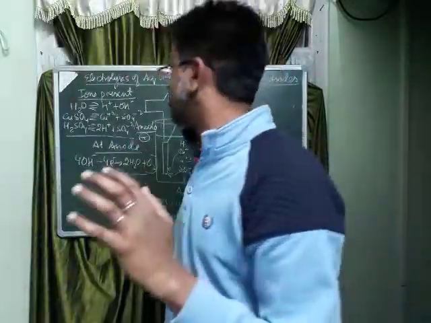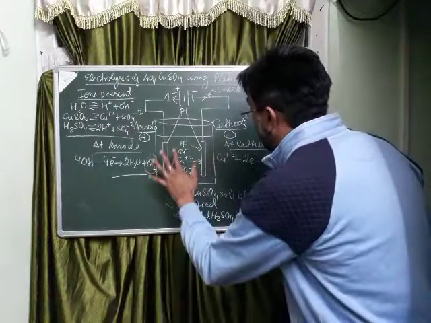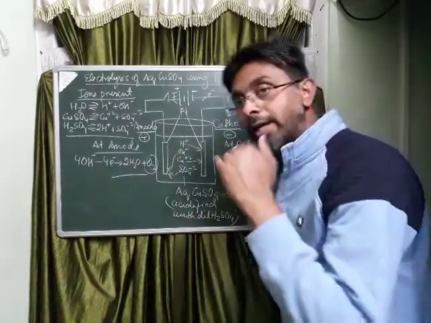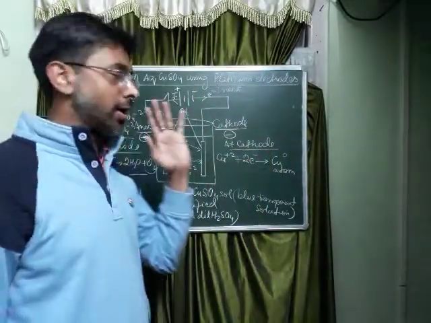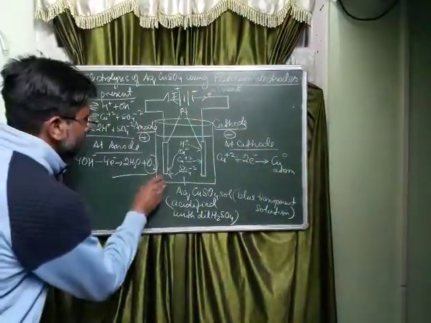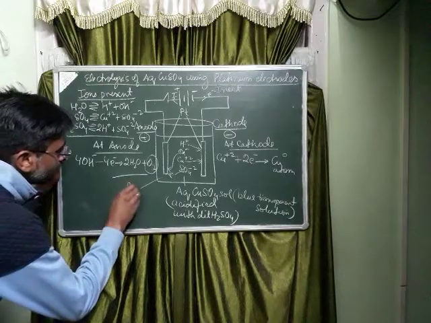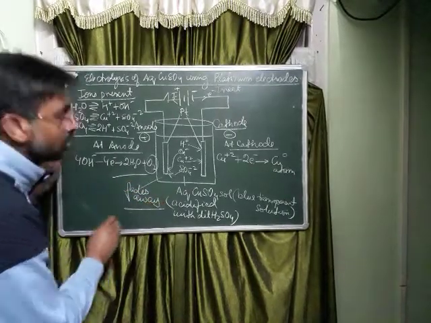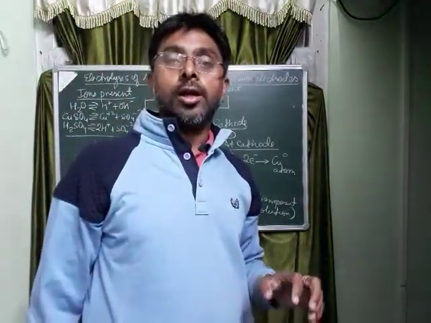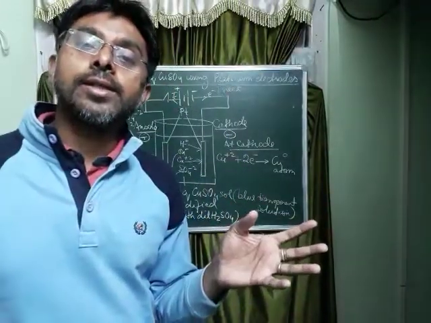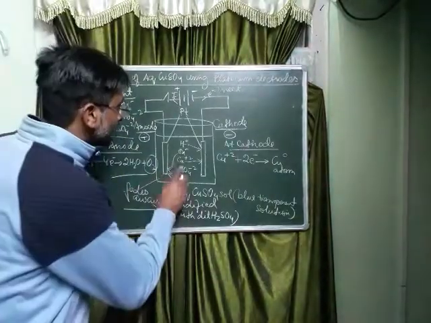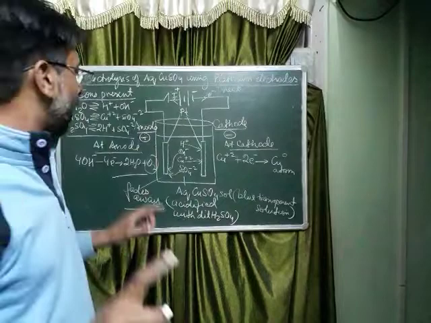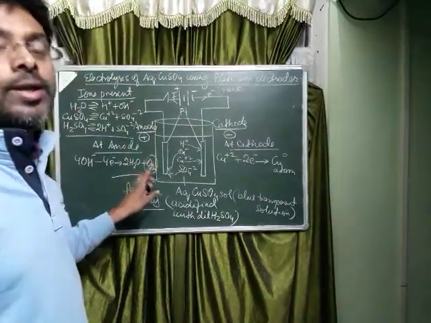So a time comes when the blue color of this aqueous copper sulfate solution fades away. We can say the solution turns colorless also because the concentration of copper ions has decreased. The loss of copper ions at the cathode is not compensated by the anode. That is why the color fades away.